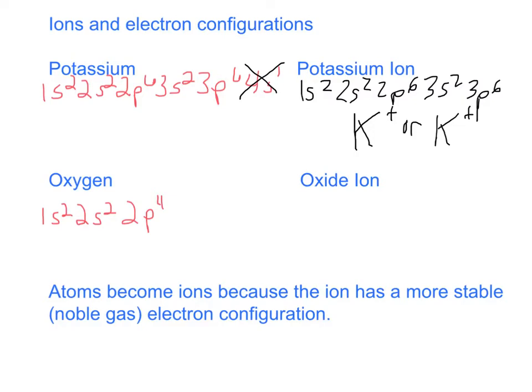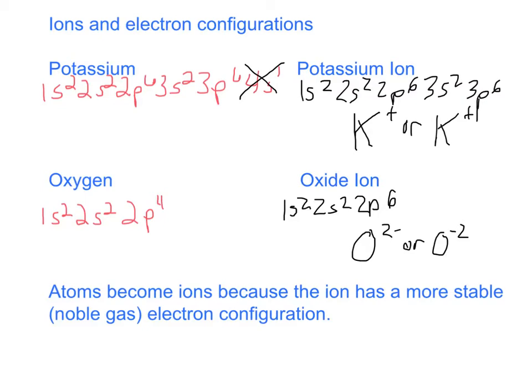Oxygen is 2 away from neon, so oxygen is going to gain 2 more electrons. So it becomes 1s2, 2s2, 2p6, and that's the difference. Its ion symbol is O2 minus, or you can write it O minus 2. It makes no difference. You'll usually see 2 minus in books.